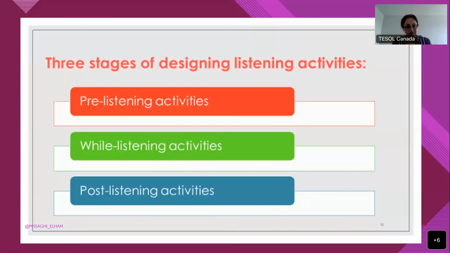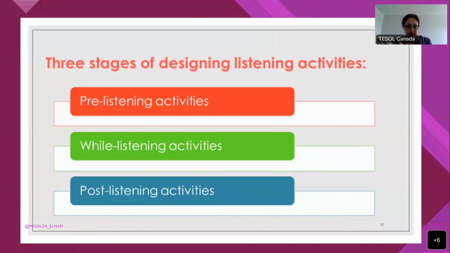You play the audio, your students listen. We get to the second stage, while-listening activities. What happens here is you practice with your students, on both top-down and bottom-up. You prepare activities to check their comprehension, to check if they receive the message after listening. Also, you prepare exercises to work on the linguistic part, like new words, new grammar structures, pronunciation, stress, intonation, accent.